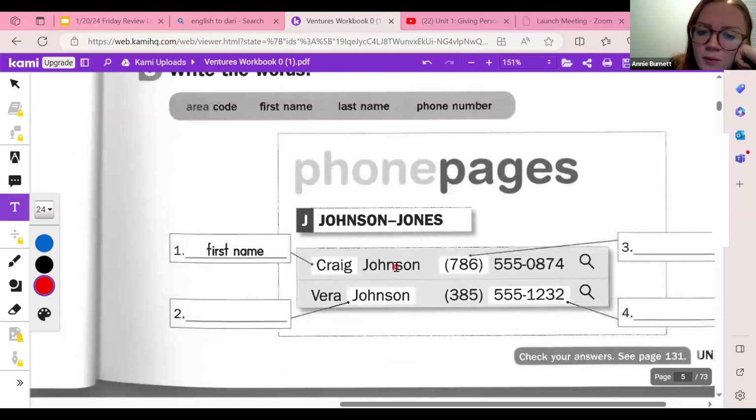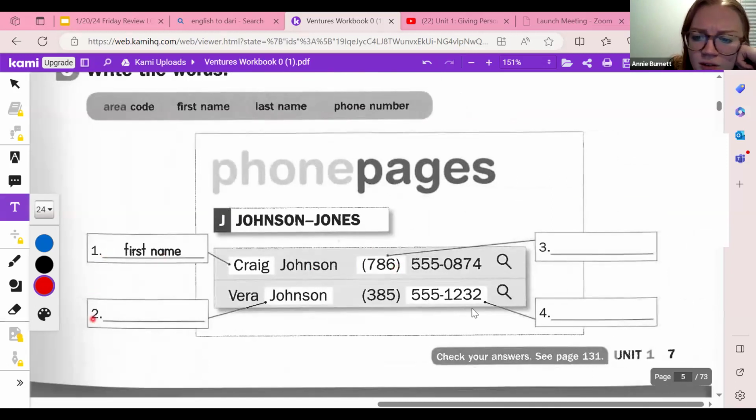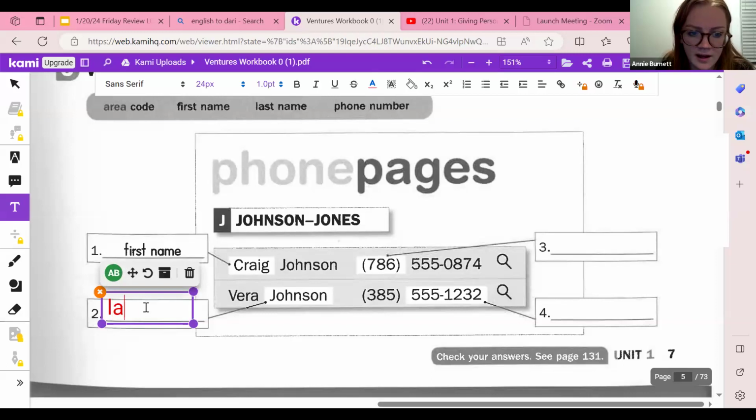Phone number. Okay, so here we see 1, 2, 3, and 4. Number 1 looks like a first name. What about number 2? Number 2, Vera Johnson. If it's 2 names, this is the last name. So we're going to write last name.